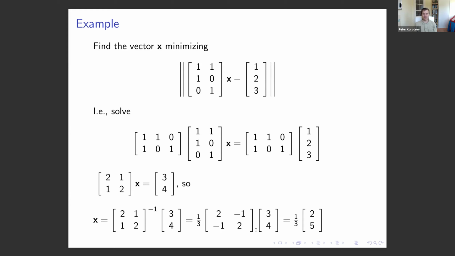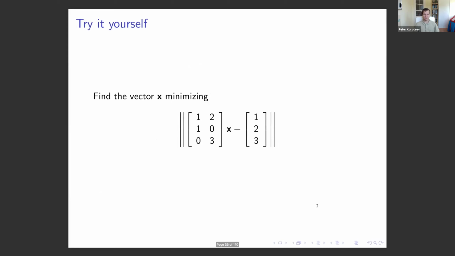After a short calculation, we get the answer: 1/3 times the vector with components 2 and 5. I invite you to do the calculation yourself. Pause the video and find the least squares solution x for this equation.